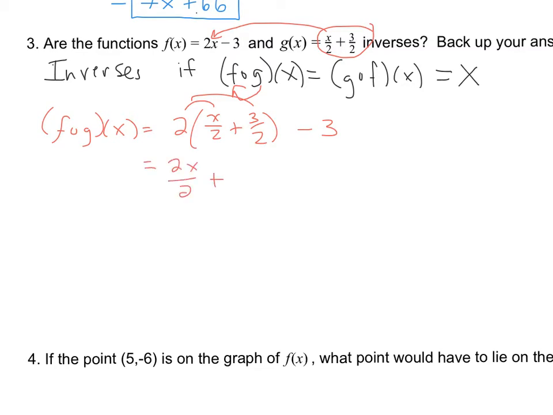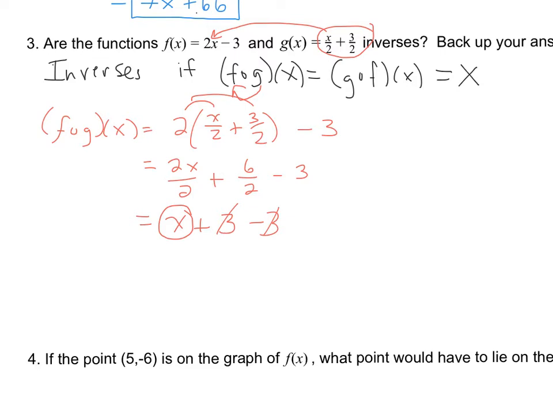If I multiply 2 times 3 halves, I'll get 6 halves, minus 3. Well, 2x over 2 is just x. 6 over 2 is just 3, minus 3. So those 3's cancel out and leave me just x. That is half of the information I need.